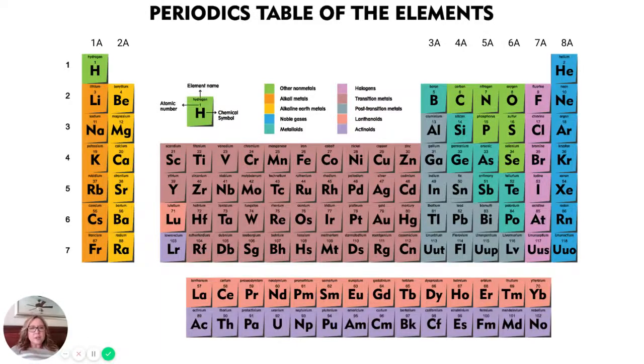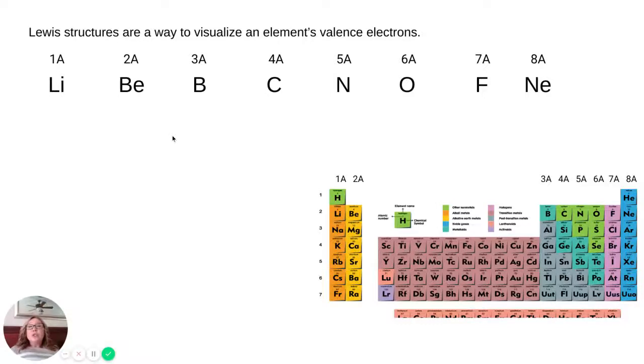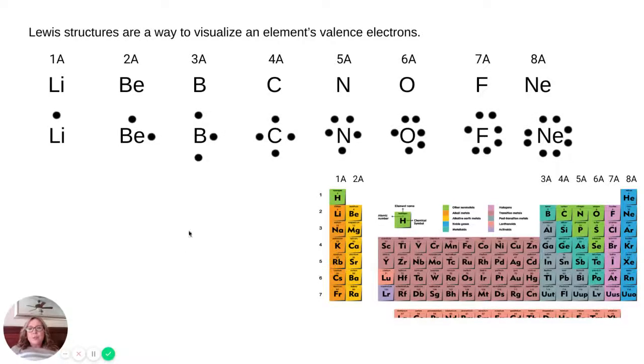So much information. Moving on from valence electrons to talking about Lewis structures. Lewis structures are a way to designate the number of valence electrons an element has and then visualize them so that you can understand what's going on in a chemical reaction. So this is what valence electrons look like.